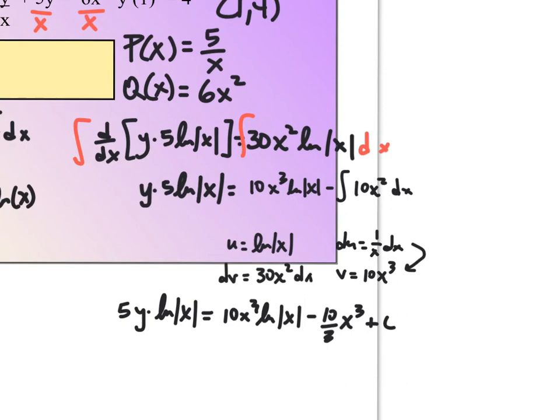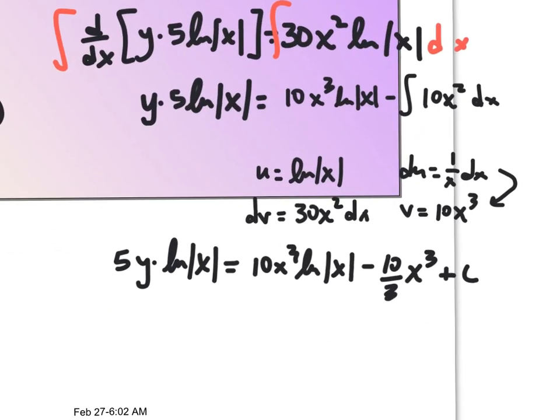And I've got an initial condition of 1, 4. So y is 4 when x is 1. Well, I get a 4 here. If x is 1, I've got issues and problems there. That's going to be 0. This will be 0. That'll be 1. So the left side will be 0.